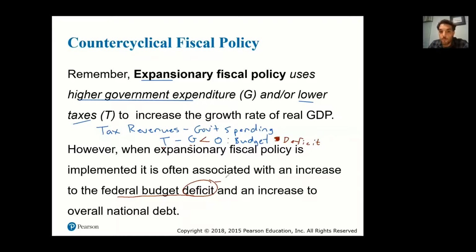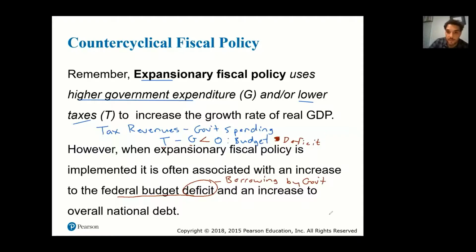Usually through borrowing, specifically borrowing by the federal government. And when there is this borrowing by the government, the federal government has to take out a loan, so they have to find a creditor for the loan. So they enter the credit market.